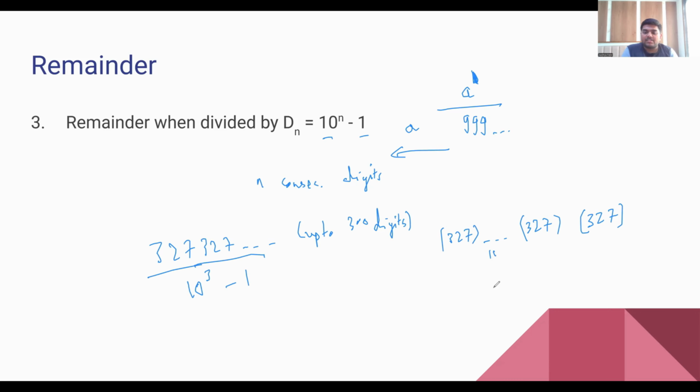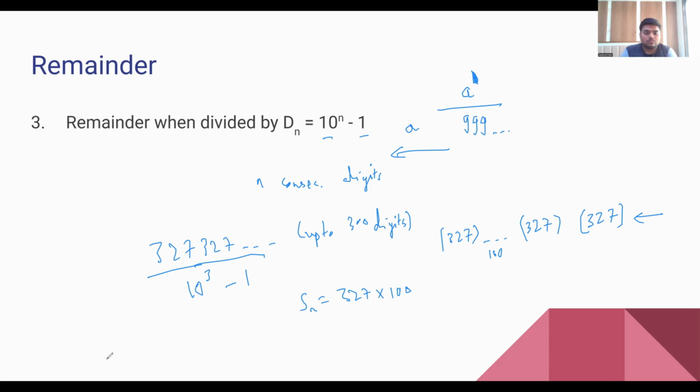There will be 100 such sets. Then what you will simply do is you will write the summation of all this. Now summation will be equal to 327 into 100 and you denote it as Sn. Okay. So summation of all these 100 sets.